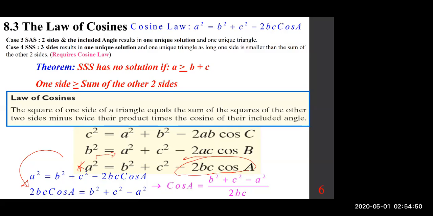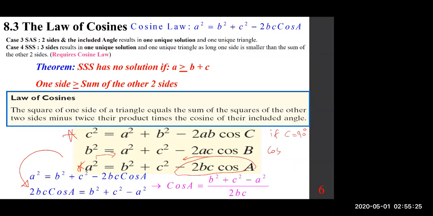Why is that? If the angle is 90 degrees, let's just look at one of them. For example, let's look at the first one, class. What if capital C is 90 degrees or pi over 2? What happens? Class, what is cosine of 90 degrees? Anyone? Cosine of 90 degrees equals? 0.